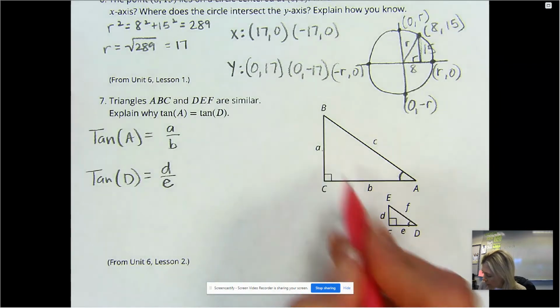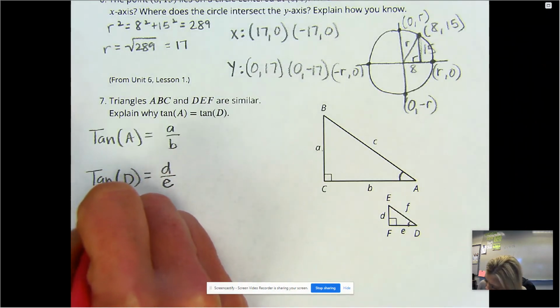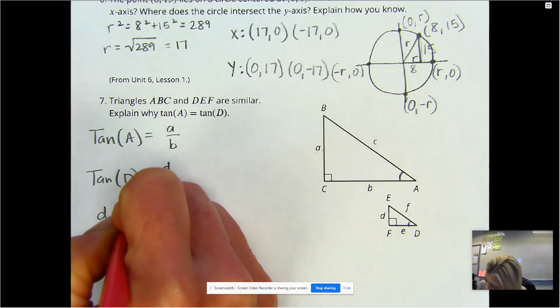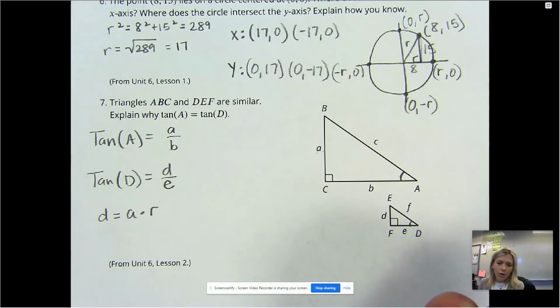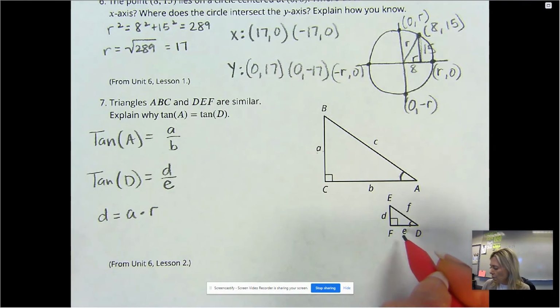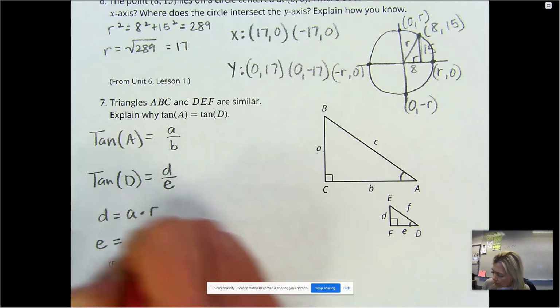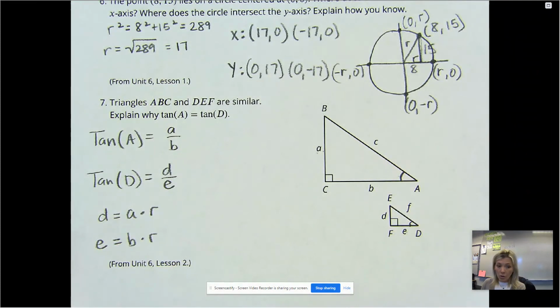And so what that means is that side d and side a correspond to each other. So the measure of side d is equal to side a times some scale factor, I'm just going to call it r. And then the same is true for e and its corresponding side b. So e is equal to b times some scale factor r.